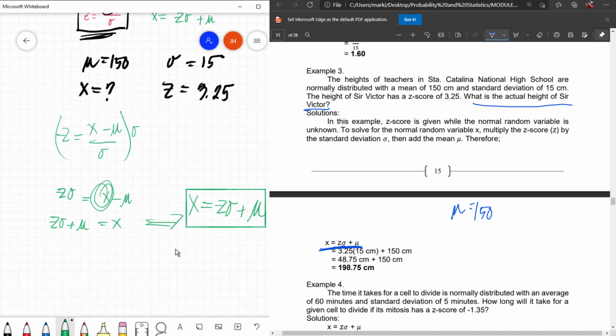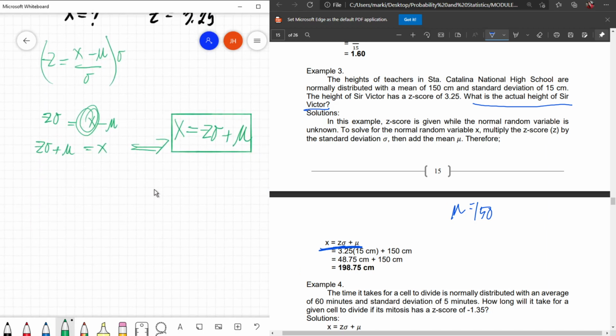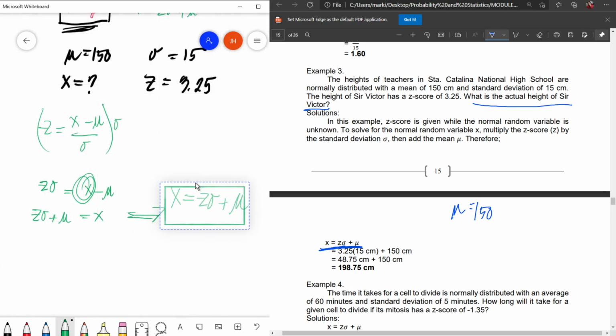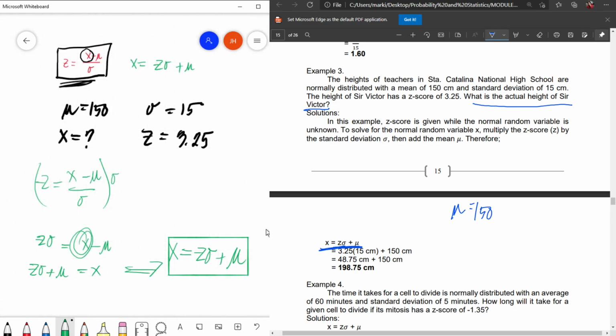Just derive it from the original formula. So by this, we have the value of x. We have the value of z, which is 3.25, multiplied by the standard deviation 15 and added to the mean, which is 150. So you have now the height of Sir Victor.